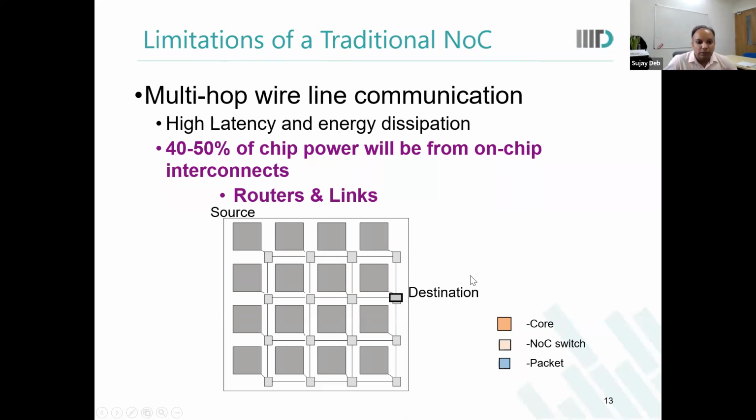All of this is fine, but the only challenge is that this communication infrastructure is very significantly power hungry. It consumes a significant amount of total chip power. So there is scope for better improvement if we can make the network on chip more power efficient. A lot of work is going in that direction, and our group is also working on that.